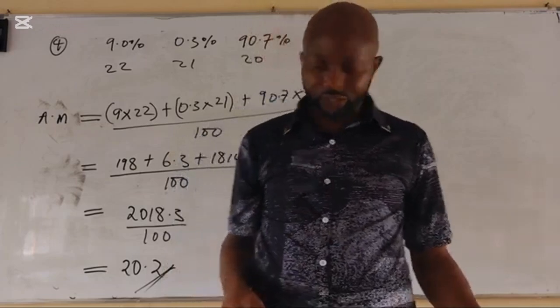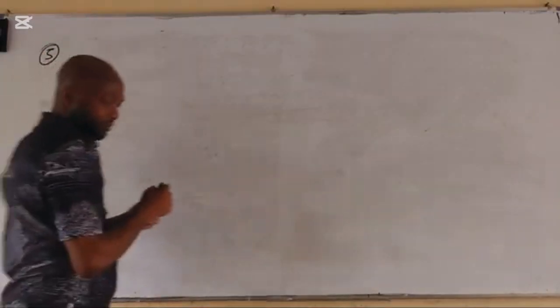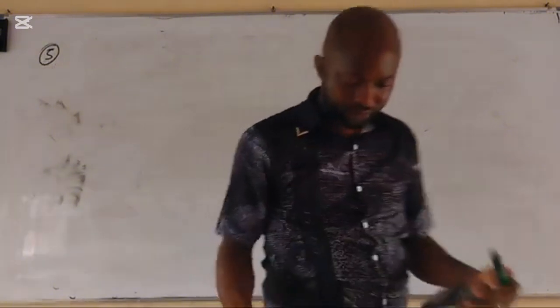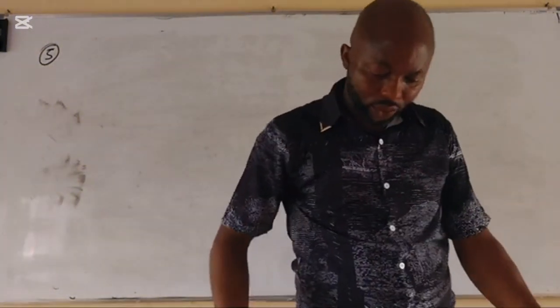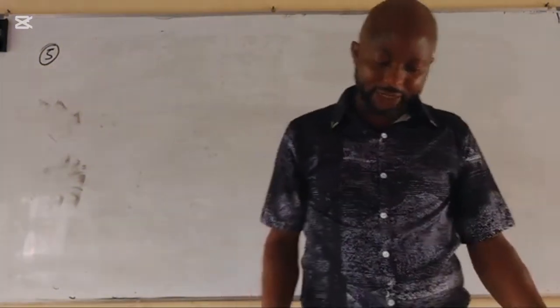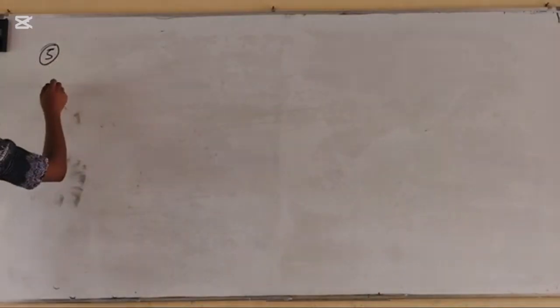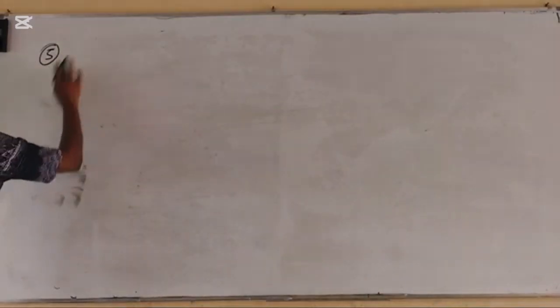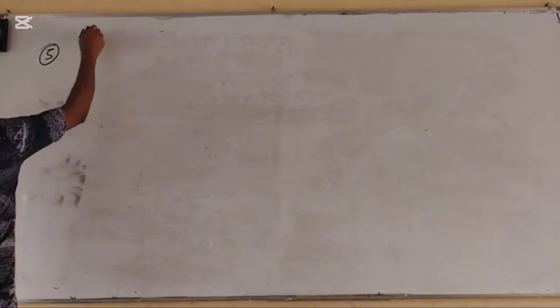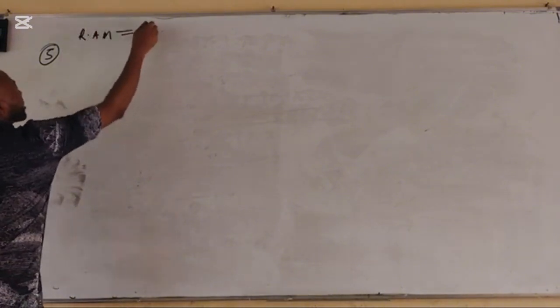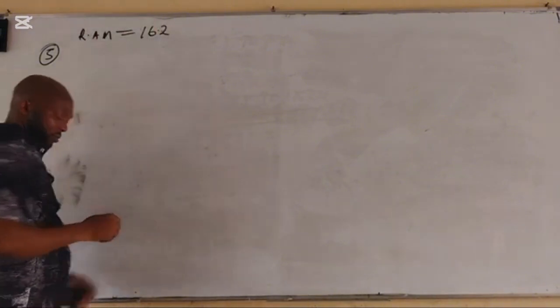Let's take another question. Question 5. An element X with relative atomic mass of 16.2. So this time they're giving us the relative atomic mass. Let's write it here: relative atomic mass of 16.2.